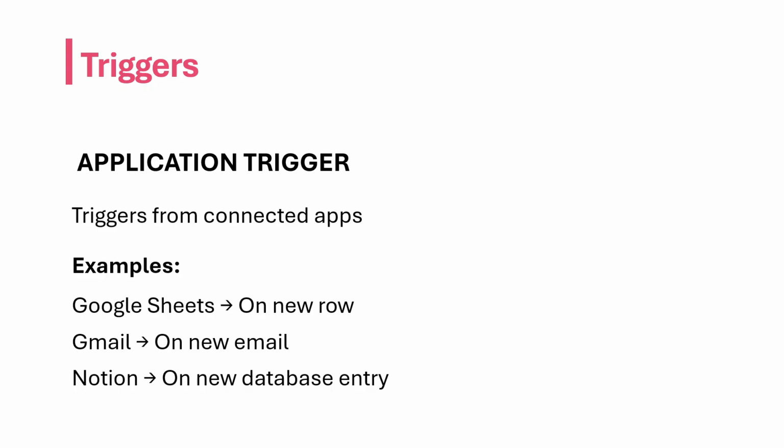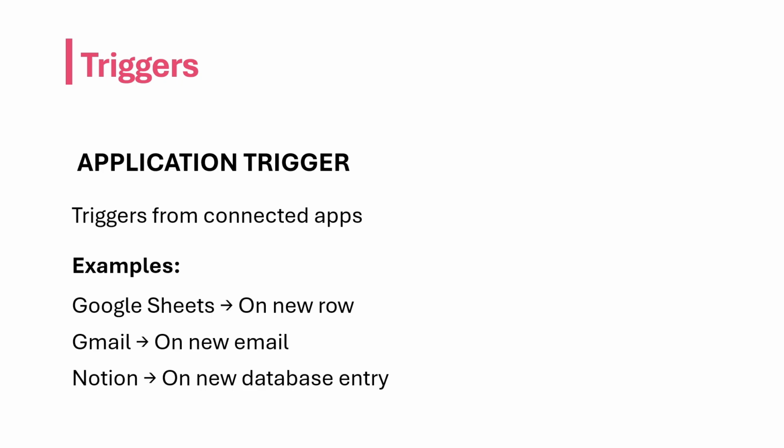These are all examples of application triggers. Applications usually require account authentication, so make sure your apps are connected properly, because it requires the connection of another application.